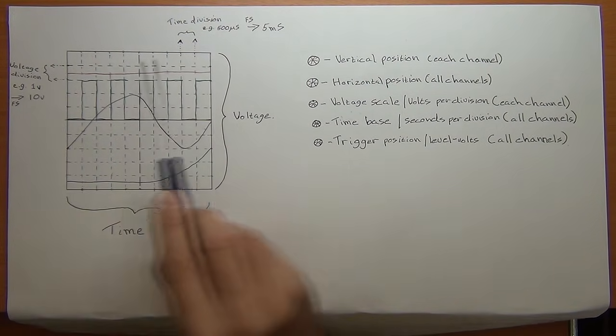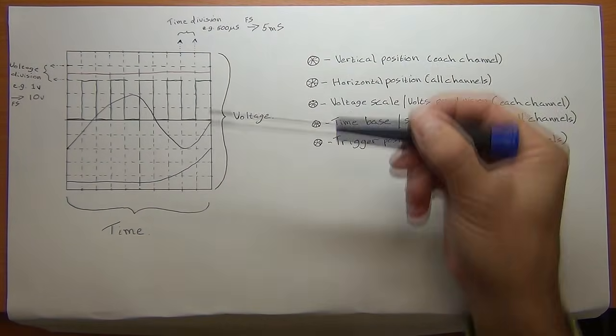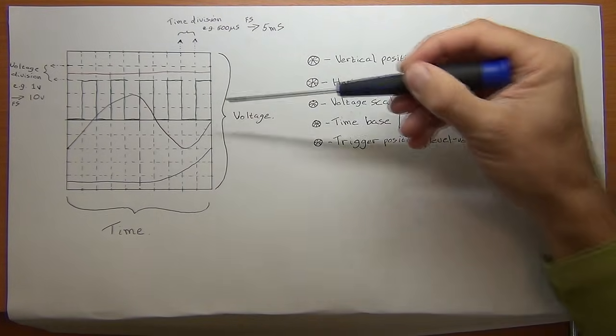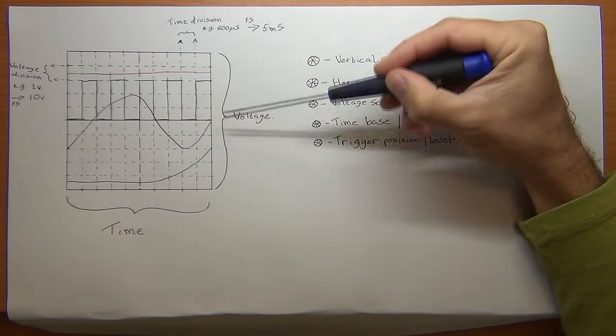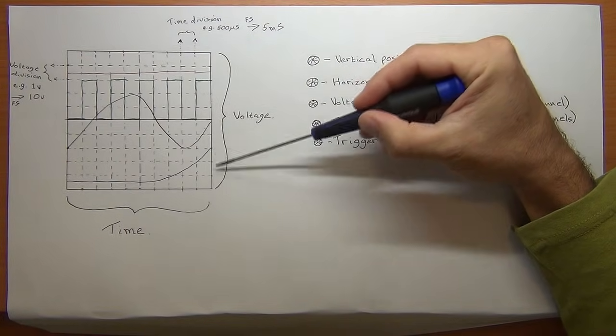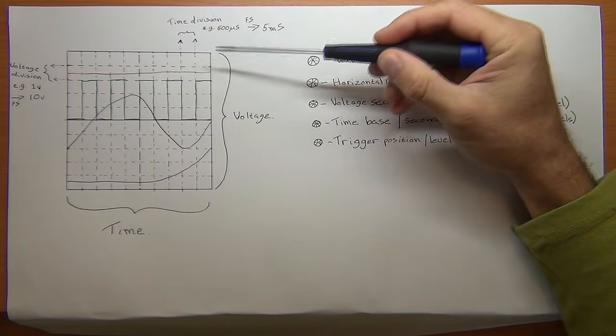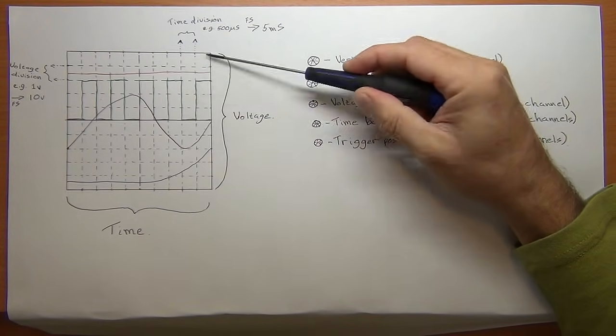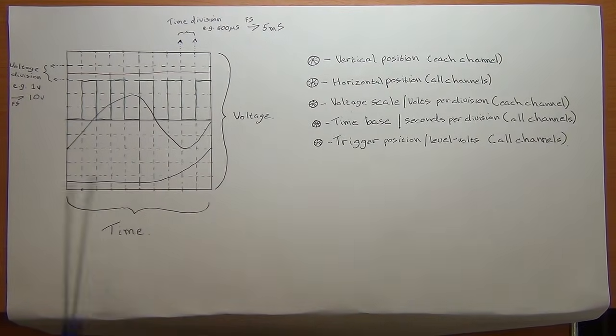So that's your horizontal or x-axis, and then we get to the vertical axis or the y-axis, which is an indication of the signal level, or for the most part on oscilloscopes, that is the voltage level of your signal. And again, it's divided up into individual little divisions, and each of those you can set with a knob to a particular value.